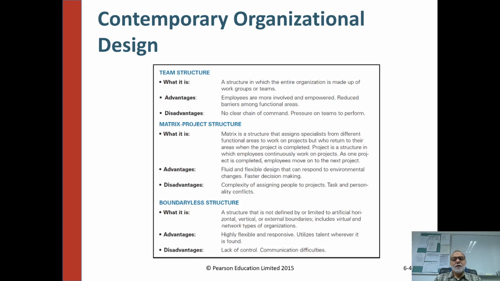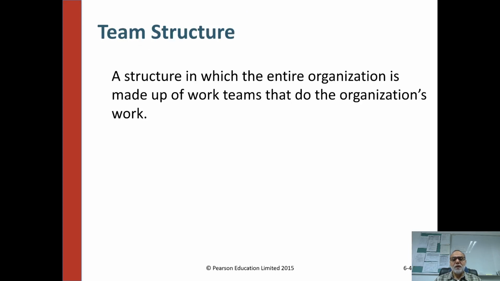Now we talk about contemporary organizational designs. The contemporary organization designs are team structure, matrix and project structure, and boundaryless structures. The team structure is one in which the entire organization is made up of work teams that do the organization's work.